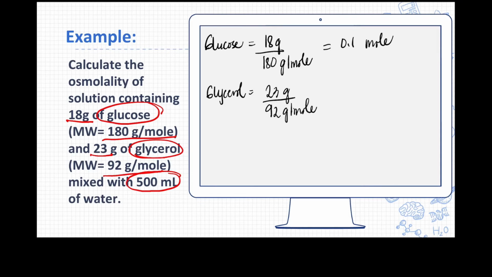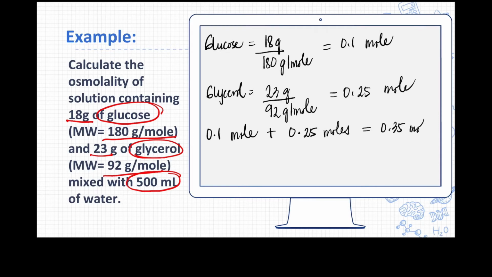So this one, it's 0.25 moles. And again, we need to get the total number of moles of solute. So 0.1 mole of glucose added to 0.25 moles of glycerol. So this would give us 0.35 moles of the total solute.